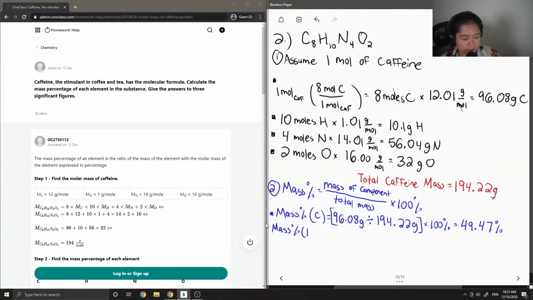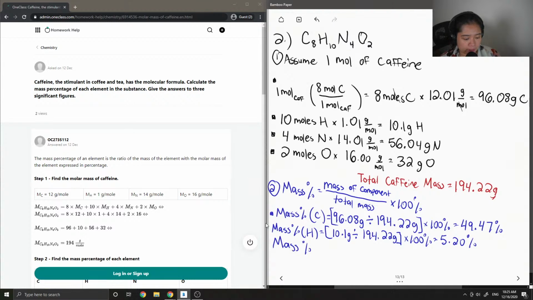For the mass percent of hydrogen, let's do the same thing. We have 10.1 grams of hydrogen divided by 194.22 grams times 100, which gives us 5.20 mass percent of hydrogen.